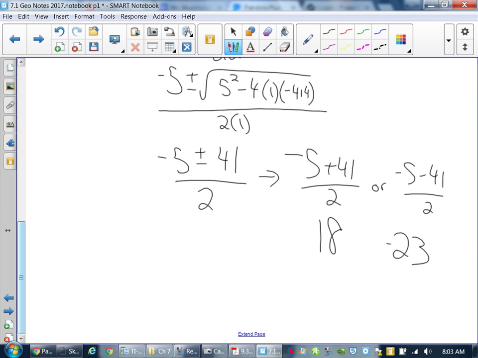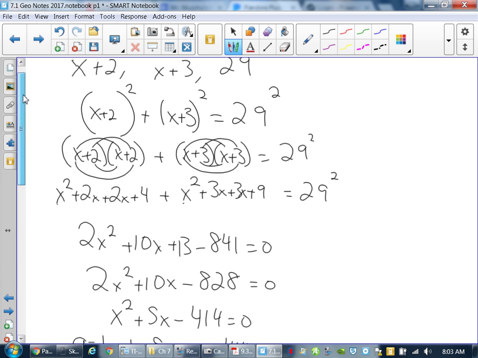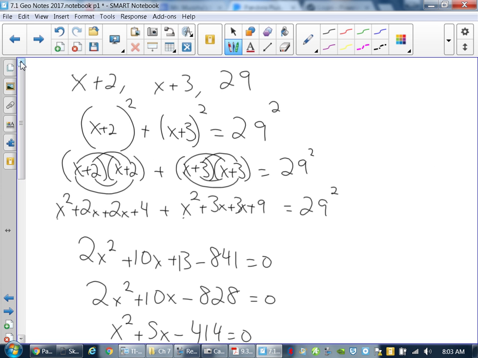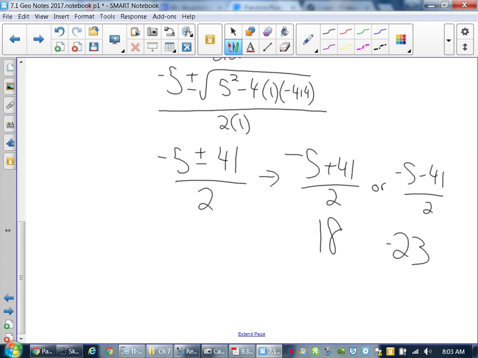Now, this problem said your 2 side lengths were x plus 2 and x plus 3. I have a negative 23. Will that work for a side length? No. So I know that this one won't work. So my only answer is 18.